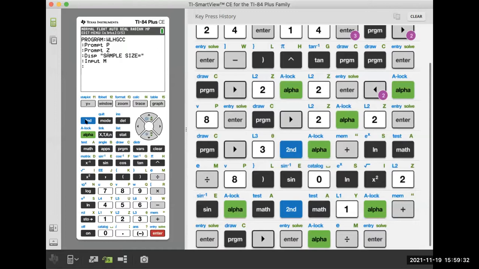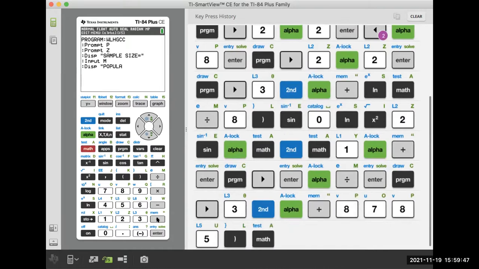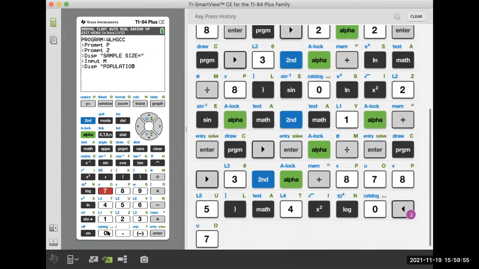Next, program, I/O, display, third one down. And let's lock my alpha. So let's put some quotations here, population size. Oops, spell it correctly.